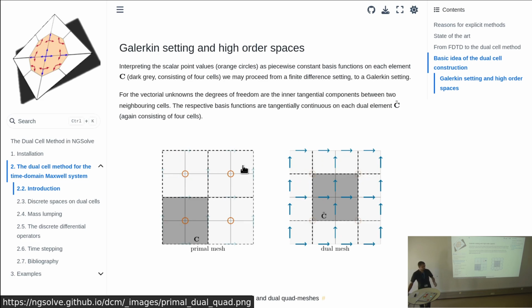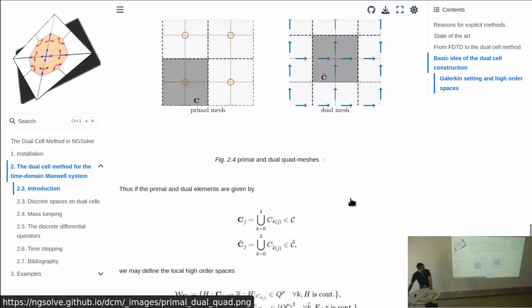Still, this is not on tetrahedral or triangular grids, which is what we want to actually use, and still this is not high order. The only thing I've won by interpreting these basis functions this way is that we now have not point values but basis functions and can go to a Galerkin setting.